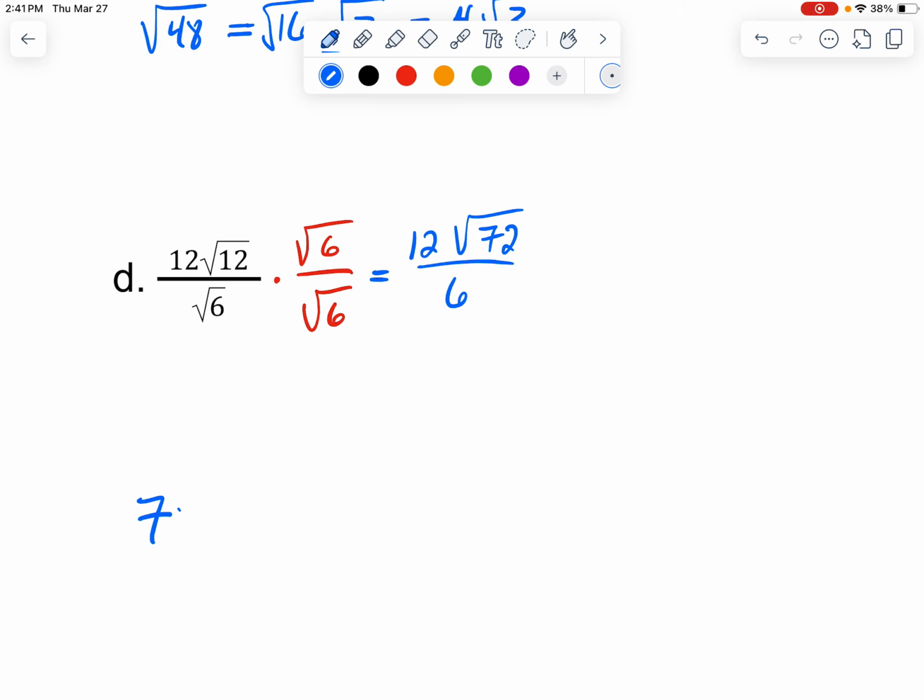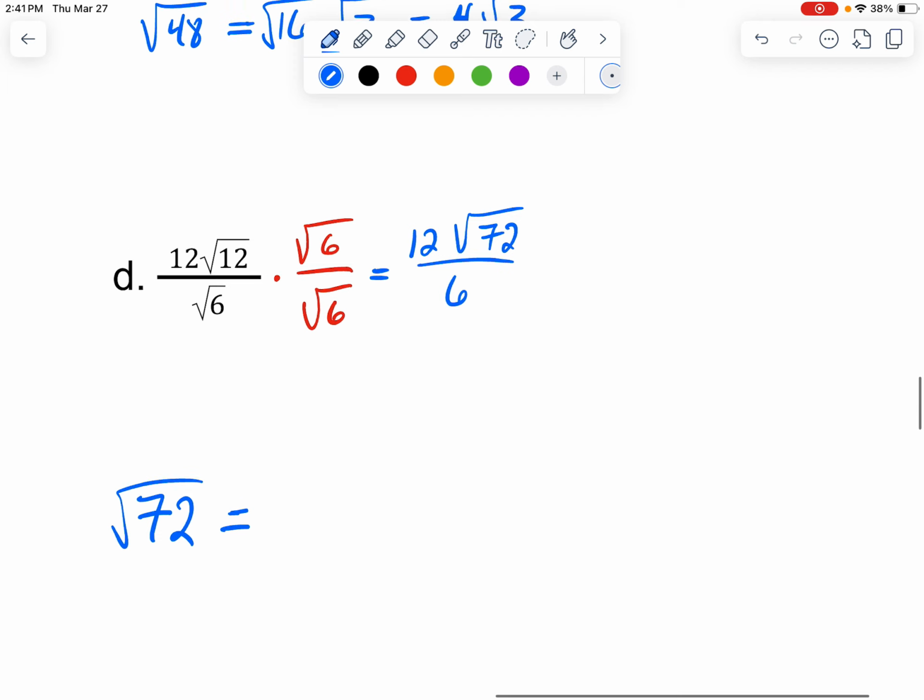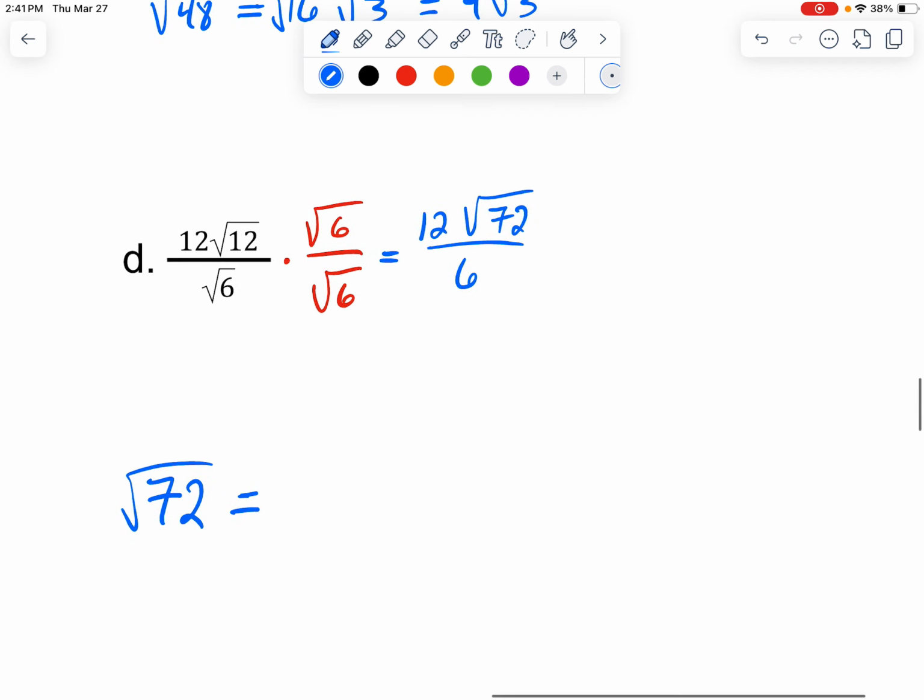So square root of 72. Again, you can completely factor this out and pull out pairs, or you can look to do that prime factorization. That would be completely factoring. Looking to divide by one of our perfect squares.